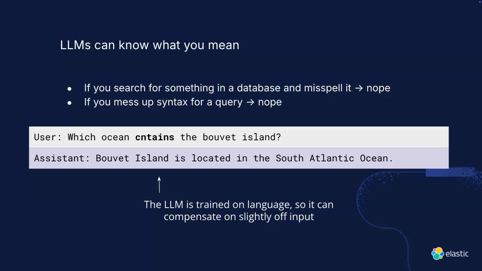So you don't need to know any syntax per se. Now there is this thing called prompt engineering. I'm not going to go into it. If you want good information, you should know how to ask the question, but it's very forgiving. And so that's one of the reasons why people like these LLMs. Basically, it's trained on language, so it can compensate for slightly off input.